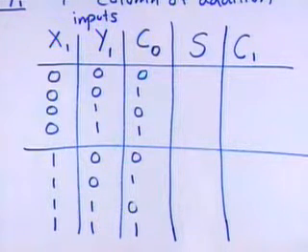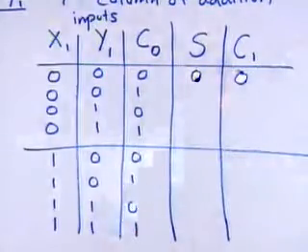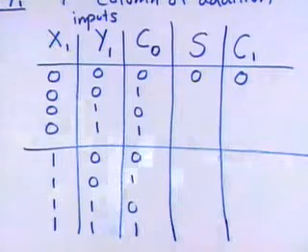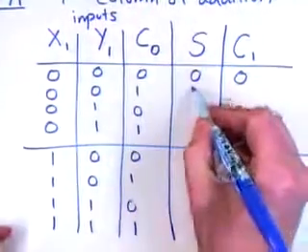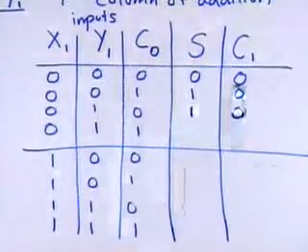In the first case, I have all zeros. That's easy. I know that adds up to 0, and I don't have to carry anything either. If I have just a single 1, as in the second and third rows, then I know my sum bit is going to be a 1, and I carry a 0 in both of those cases. How are you getting S and C1 again?